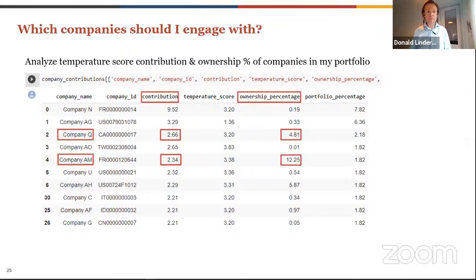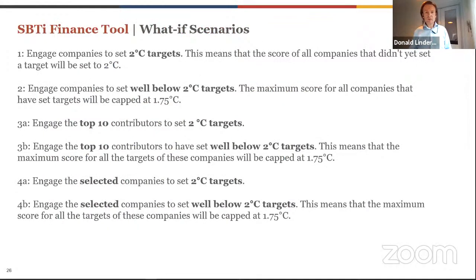So let's do that. So what we can then say, okay, we can turn to our what if scenarios here and say, I'm going to choose one of these scenarios to see what my portfolio looks like when I've gone through this process with them and provided that I'm successful.